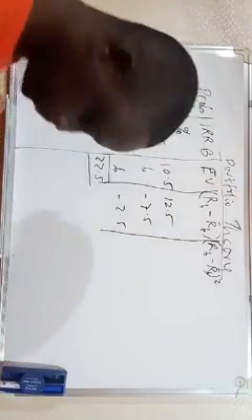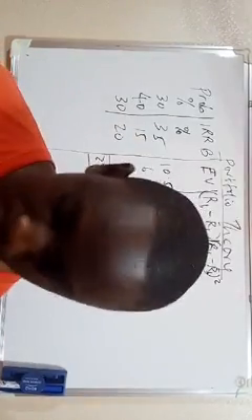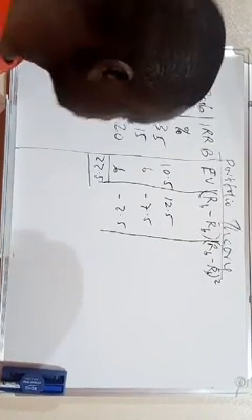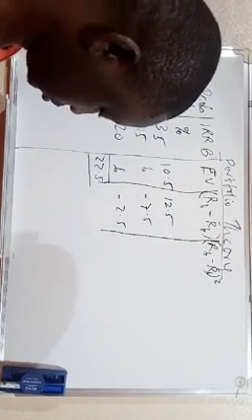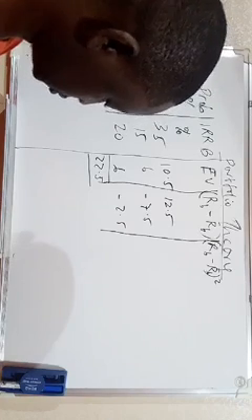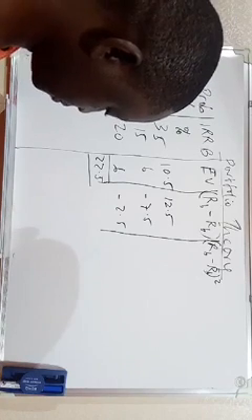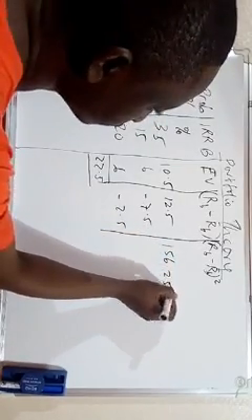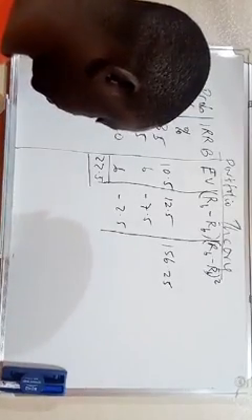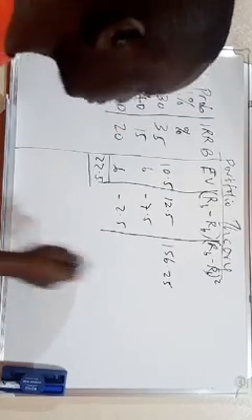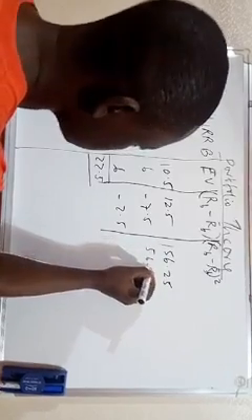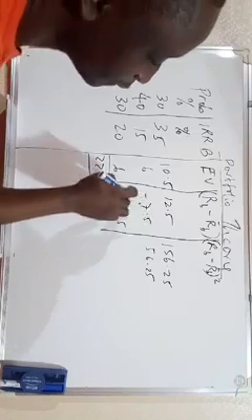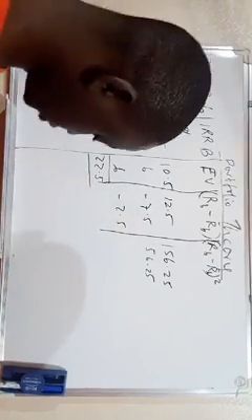So you square them. When you square them, 12.5 gives 156.25. 7.5 square is minus 7.5 times minus 7.5.